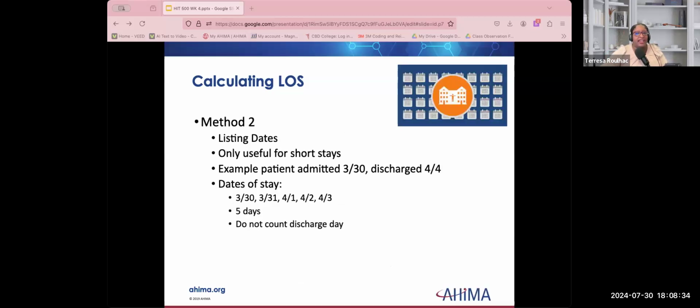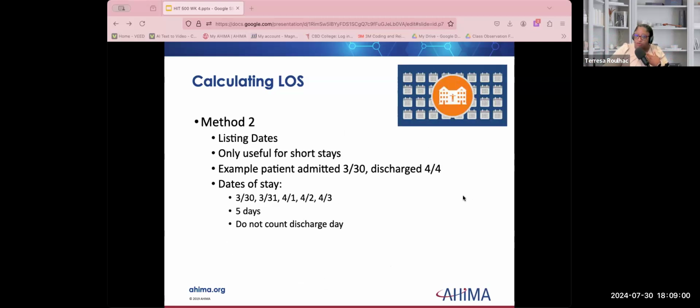All right. Another example. If a calendar is not available, like there's not one on your computer and you don't have your phone near you, you can list the dates from admission to discharge, counting all the dates again, except the date of discharge. So in this example, you have 3/30, 3/31, 4/1, 4/2, 4/3.